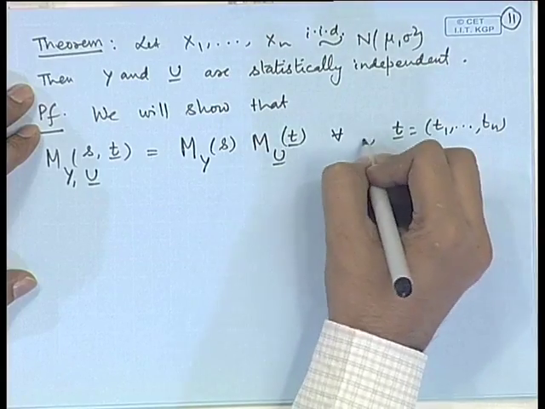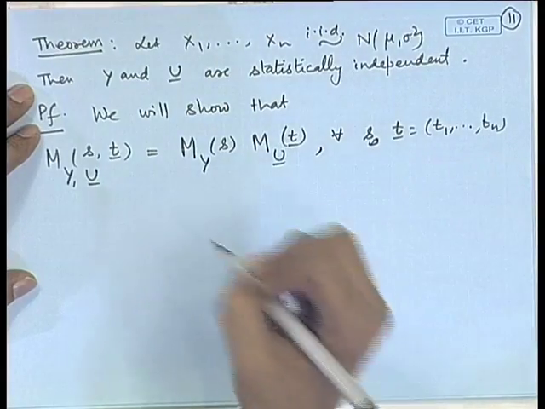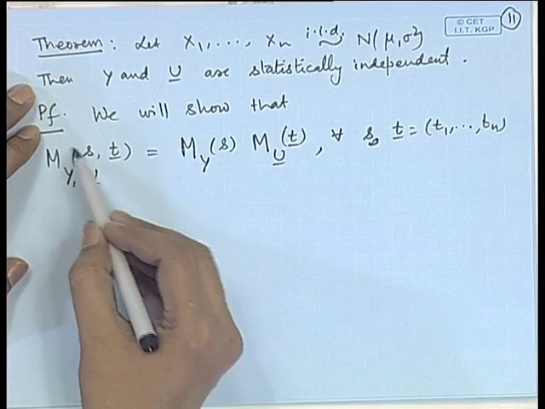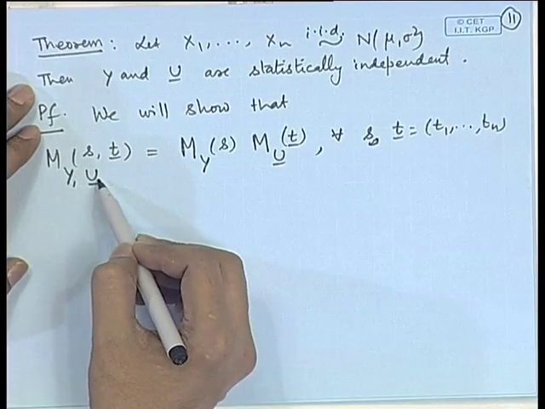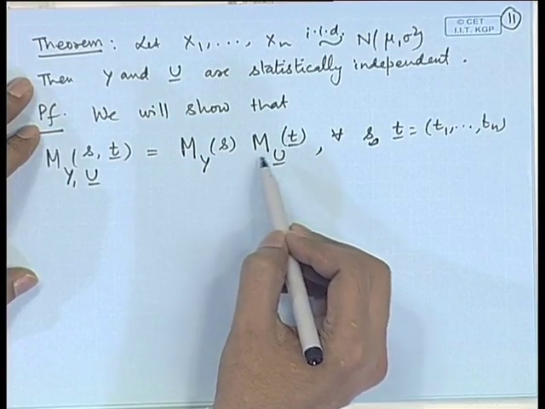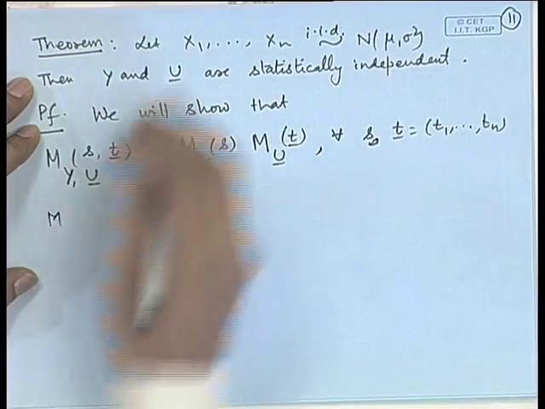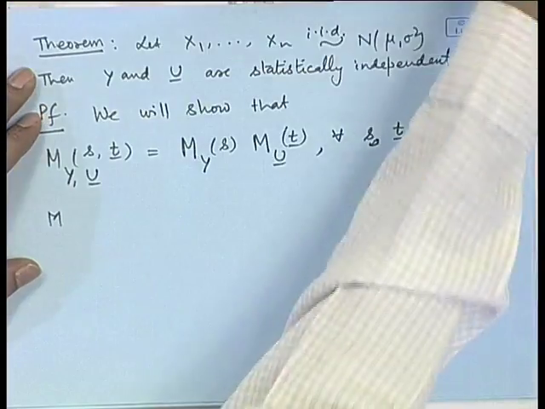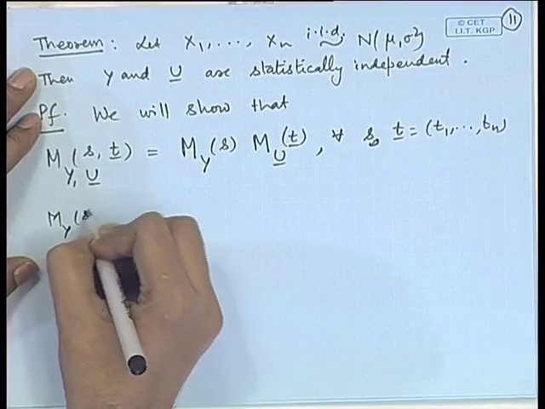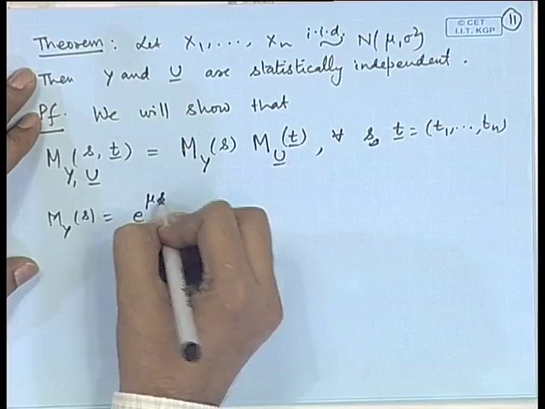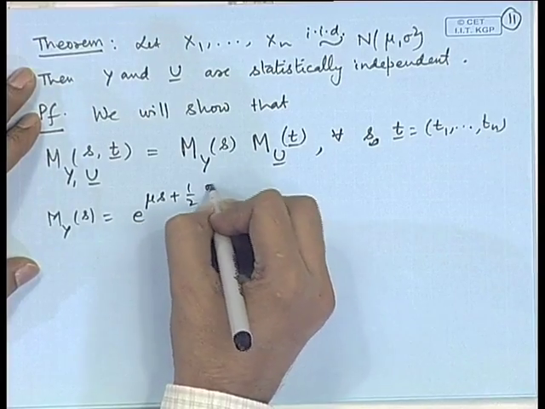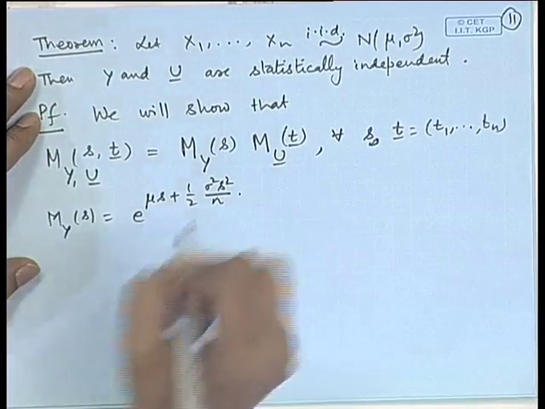So, this is true for all s and all t. So, we need to evaluate the moment generating function of Y, U and the individual moment generating functions. Already the moment generating function of Y, that is X bar, is given to us. So, M_Y(s) is e to the power mu s plus half sigma square s square by n.